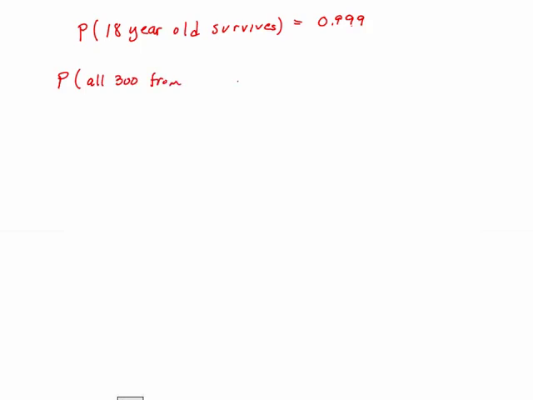So if we wanted to know the probability that all 300 from a graduating class survive to be 19, or survive at least 1 year after graduation, we could do this if we're willing to make a somewhat, maybe it could be argued, unreasonable assumption that the events are independent, because obviously these students probably hang out with each other and do a lot of the same things with each other.